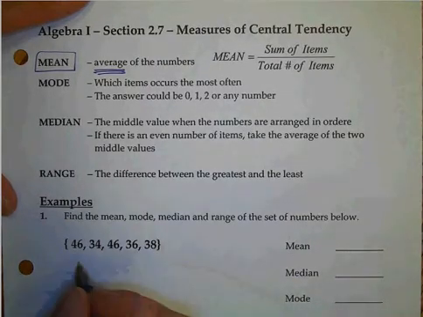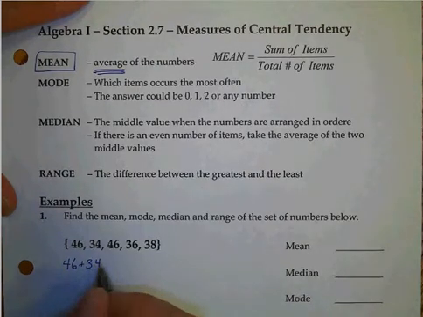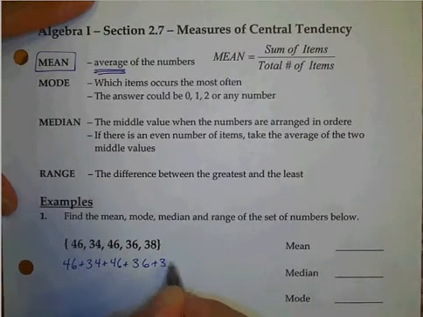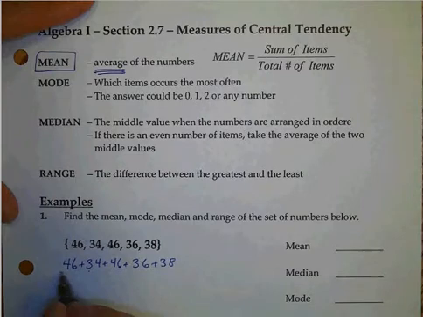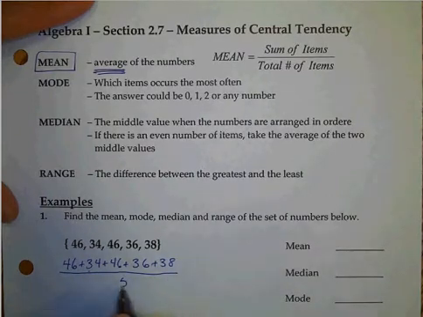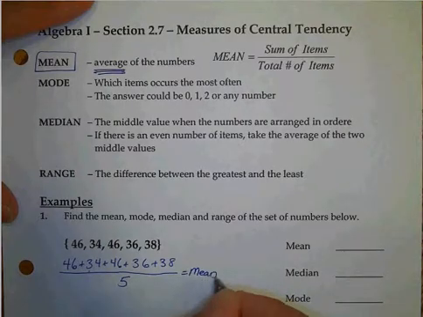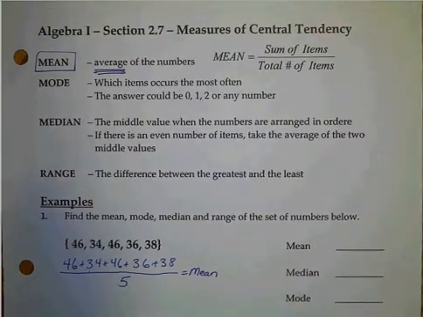So, what we're going to do is we're going to add them up. So 46 plus 34 plus 46 plus 36 plus 38 divided by 5. And this is going to be the mean. So take out your calculators, and we're going to add these up.